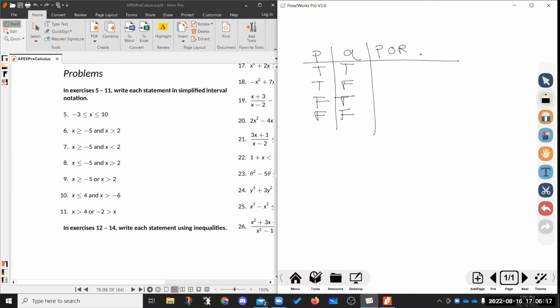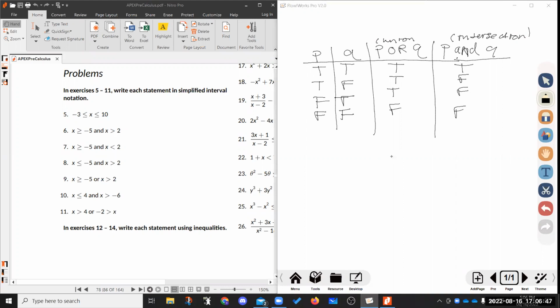So if I say or, then any part that's true is going to make it true. If I say and, then they both have to be true for it to be true. So this is what we call an intersection in Venn diagrams. I'll talk about that in a second. This is what we're going to call a union in Venn diagrams.